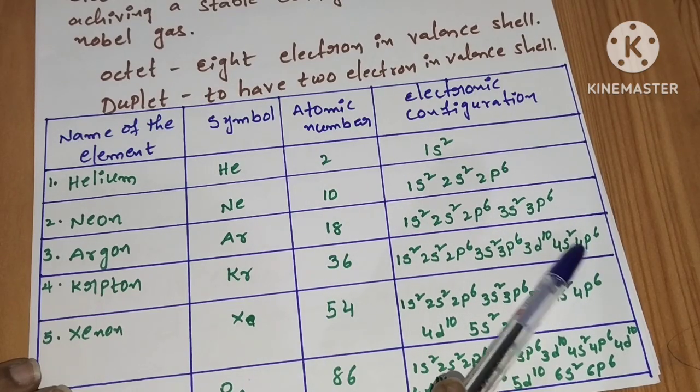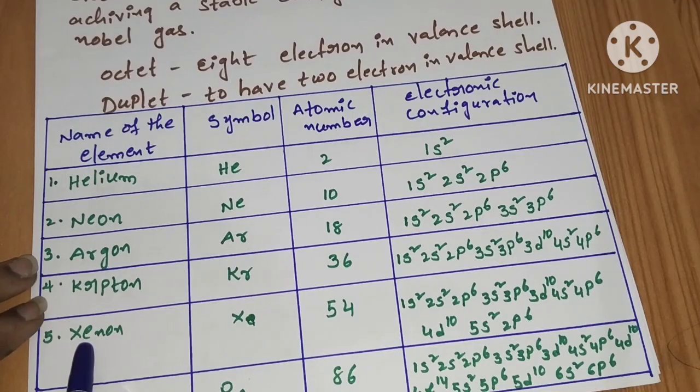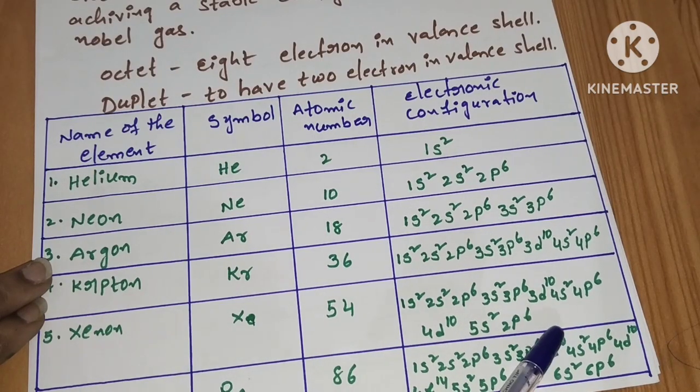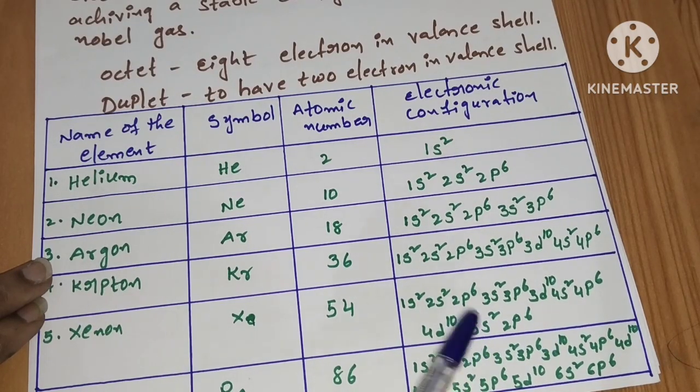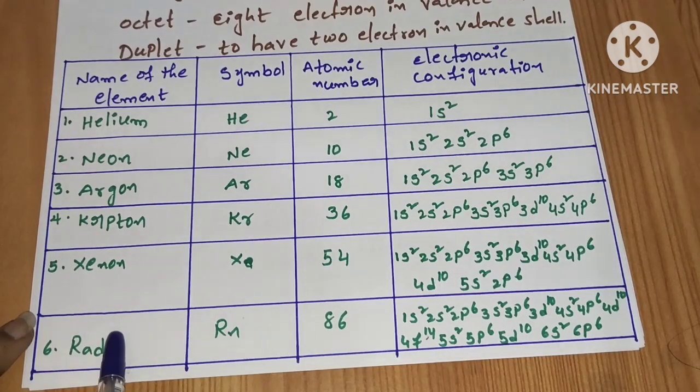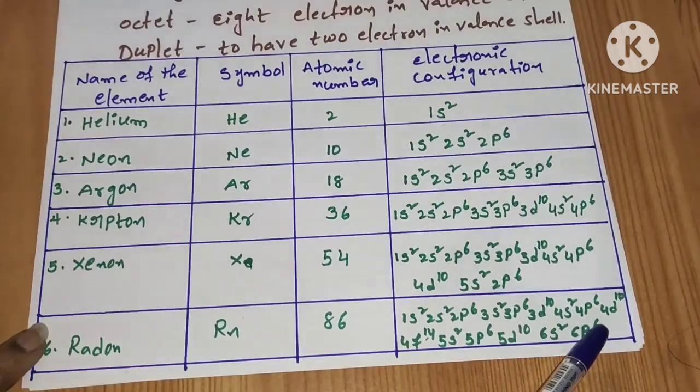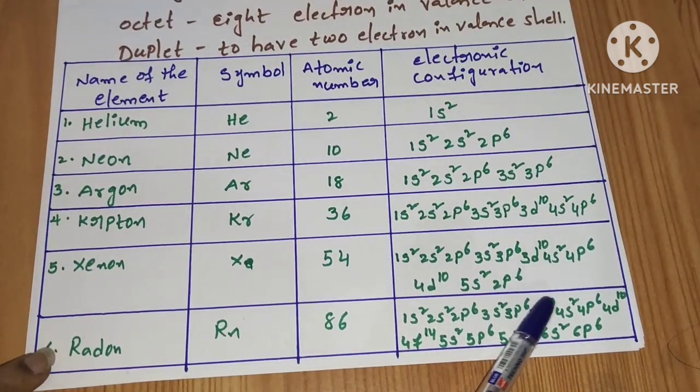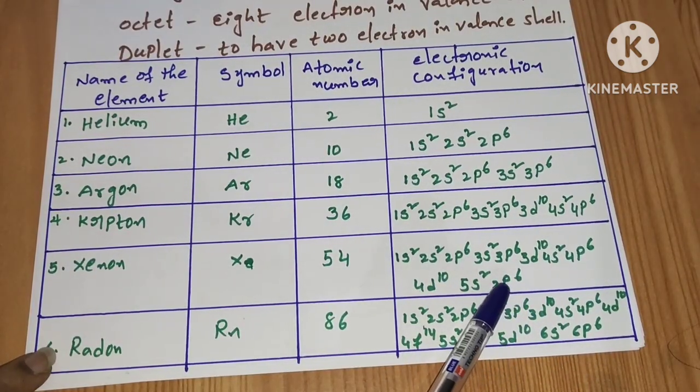Again 8 electrons. Next, xenon 5s2 5p6, which also has a stable configuration with 8 electrons. Next, radon 6s2 6p6. 8 electrons, outermost shell is completely filled.